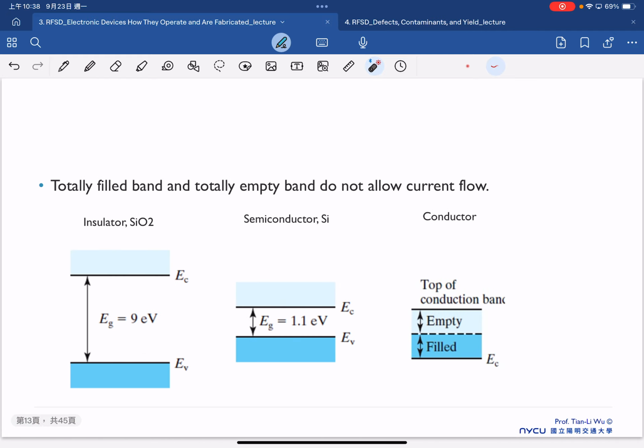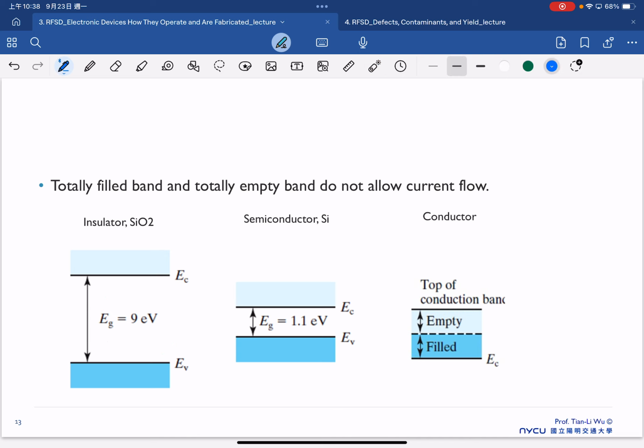And also, we can use the band diagram to understand the difference between the insulator, conductor, and semiconductor, which is something we have been shown. For example, in the case of silicon, we have 1.1 electron volt. But in the case of silicon dioxide, we have a huge band gap, up to 9 electron volt.